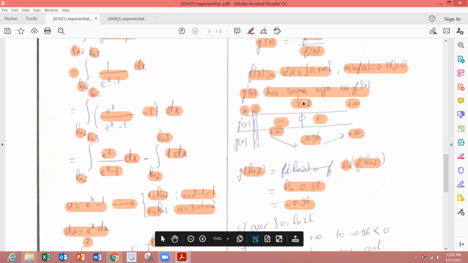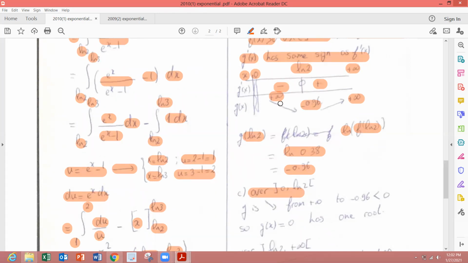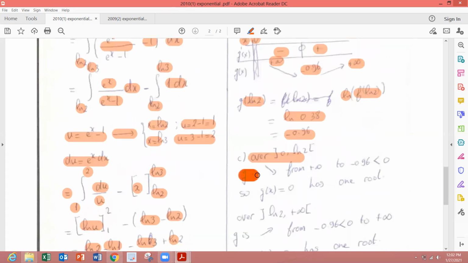Between 0 and ln 2, we cannot do a calculation. The function g is decreasing from plus infinity to minus 0.96, negative. The curve is decreasing from a positive value to a negative value.